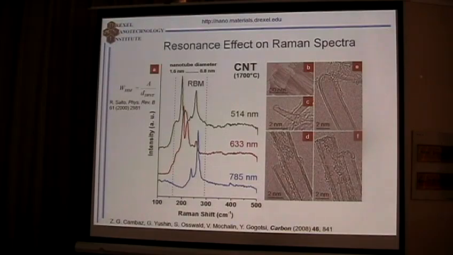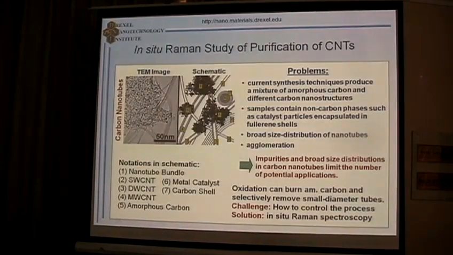But again, you may have 1,000 tubes scattered on a silicon wafer, and you do analysis in 1,000 points and find that 25 give you a Raman spectrum. It doesn't mean that other tubes don't produce a Raman spectrum, but it means those are different tubes which are not in resonance when you use the specific wavelength. So those are a couple of things to remember when you do analysis on carbon nanotubes.